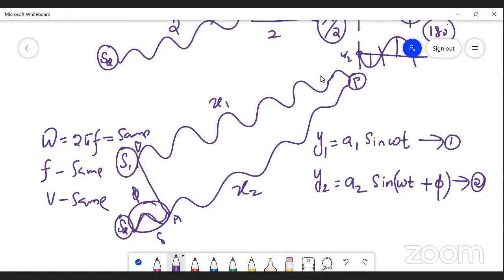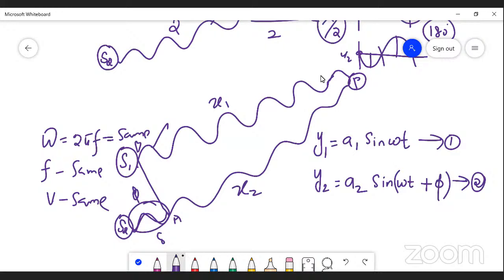This is main. First of all, the equation of the first wave is Y1 is equal to A1 sine omega t, and omega is the angular frequency, which is equal to 2πf. And S2 is the second source. The wave travels from source S2, and the displacement equation is Y2 is equal to A2 sine omega t plus pi.